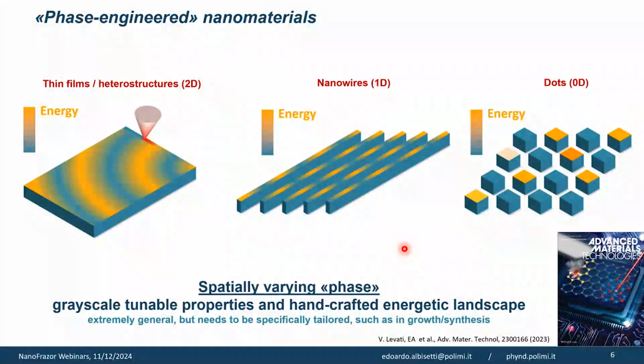way to superimpose an energetic potential that we can craft at the nanoscale in a controlled way on top of the material. And this energetic landscape is then used to control the interaction of the material with photons, the transport of quasi-particles such as electrons within the material, or controlling the spins that lie within the materials, all crafting at the nanoscale this potential landscape in a grayscale way.